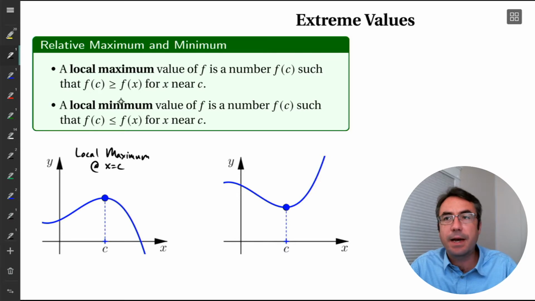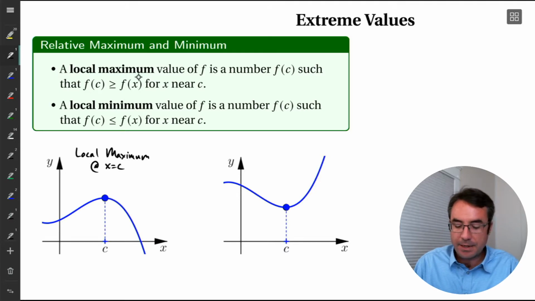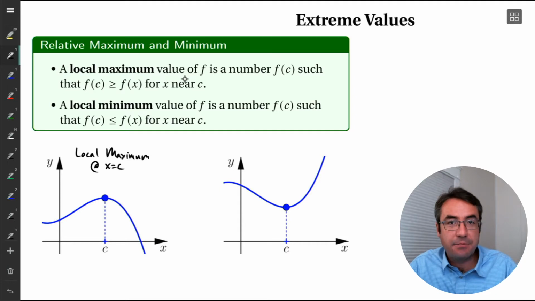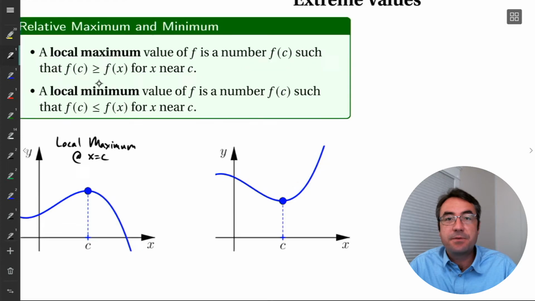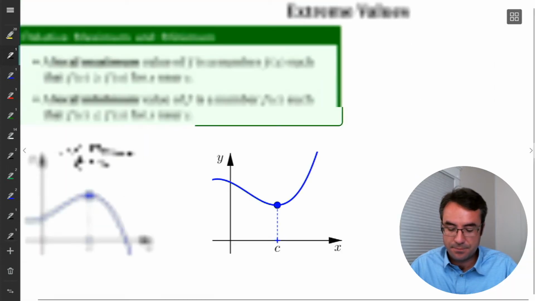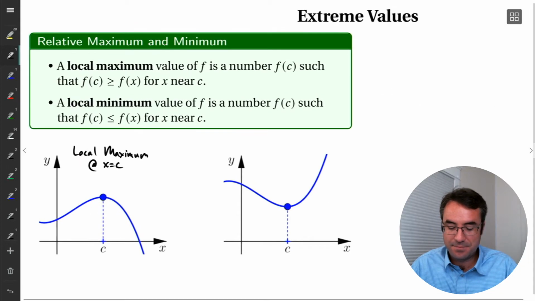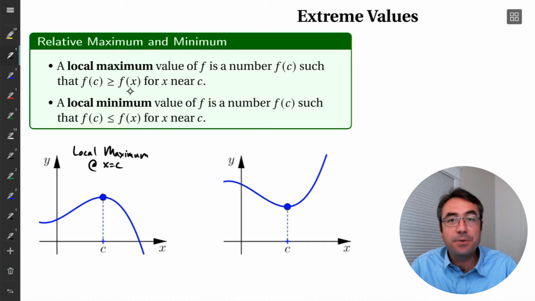But what's really going on? A local maximum value of function f is a number f of c such that f of c is greater than or equal to f of x. So our function value at this maximum is greater than or equal to all of the other function values near x equals c.